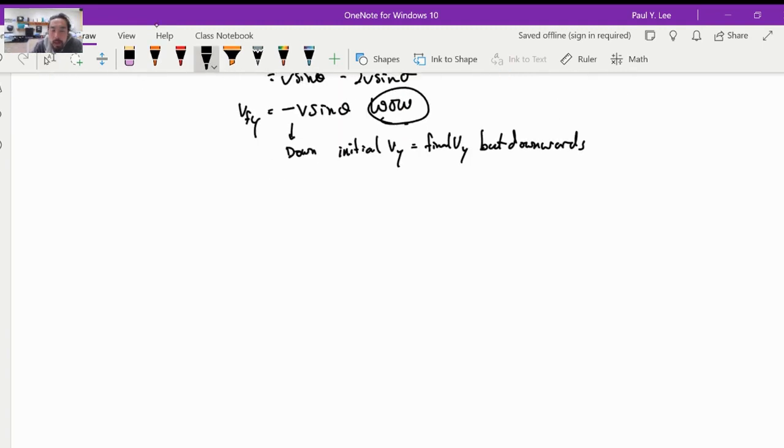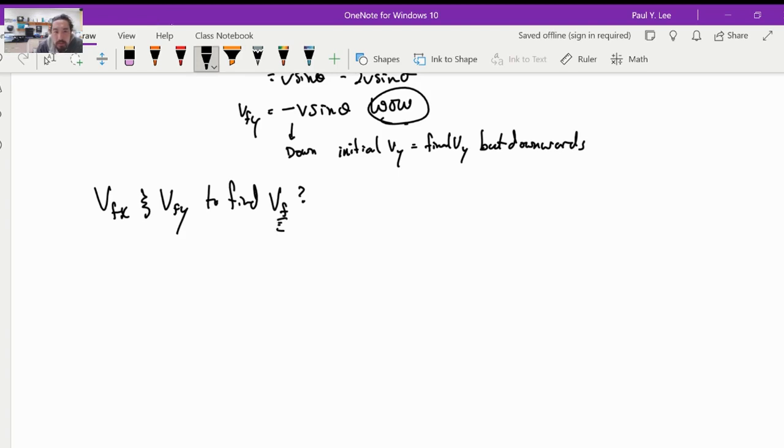So now that we have our v final y, now we can actually solve for your final landing velocity. So your final landing velocity, you need two things. You need vfx and vfy to find the actual landing velocity, v final. Okay, so at this point, we're going to use a lot of trig. It's important that you understand the rules of trig to really see how we're going to find vfy.